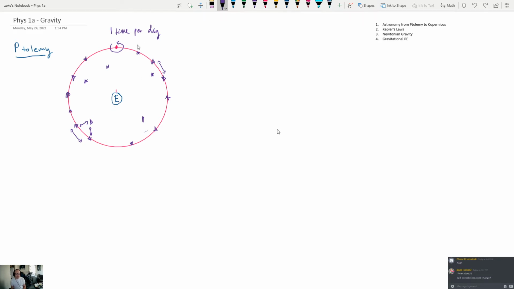Nowadays, we know that there is no sphere of fixed stars. The stars basically just go on forever, and it's actually the Earth rotating on its axis that produces this motion. Would you all agree with that? And then the other question would be, is it clear to you that saying the Earth rotates, or saying that the Earth is still but there is a sphere that rotates around the Earth, are basically going to produce the exact same observation?